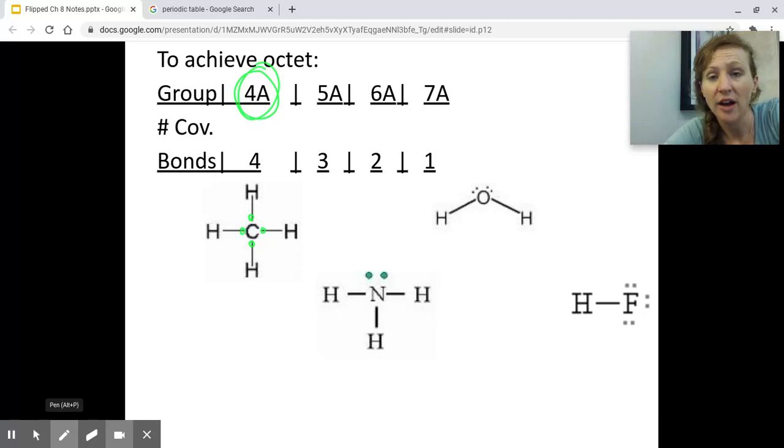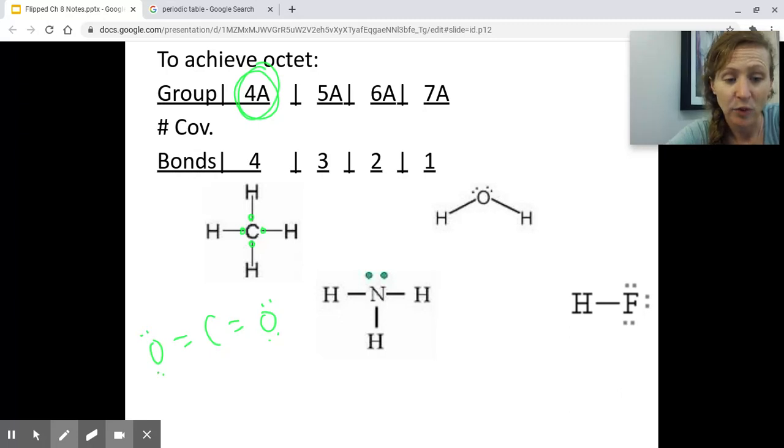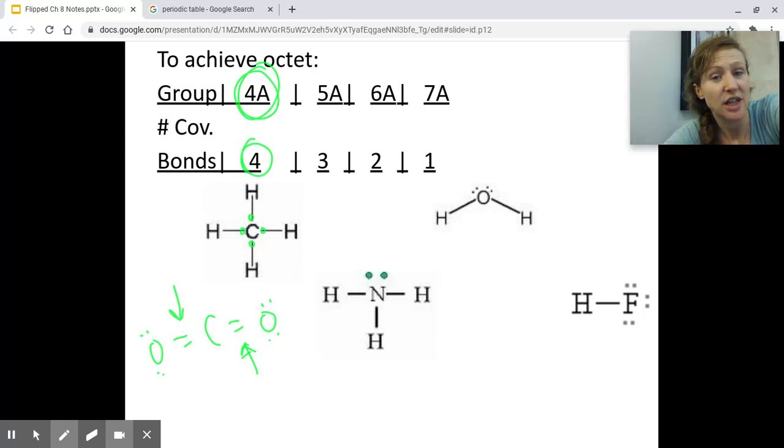No matter what carbon bonds with and in what ways they bond, carbon usually ends up with 4 bonds around it. Even something like carbon dioxide, in which carbon forms double bonds, if you count the bonds that formed, 1, 2, 3, 4, you still usually end up with 4 bonds. Again, this is just a general trend you see that might help you predict Lewis structures that occur. It's not always, and forever true, but it's usually true most of the time.